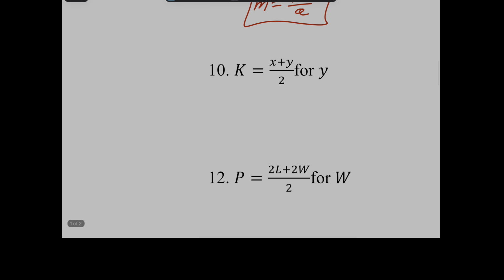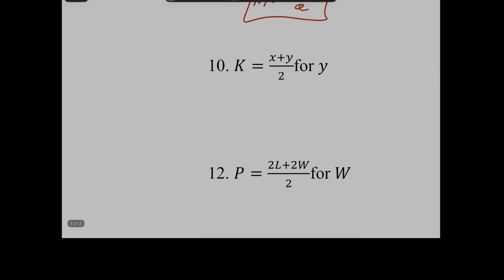Okay, let's go on to number 10. K equals x plus y over 2, solve for y. Now, this is still one term, because if you have a plus sign in a numerator, it doesn't matter. You kind of think of that as maybe a parentheses inside of one term. So once we have this one term, we're going to multiply each side by 2.